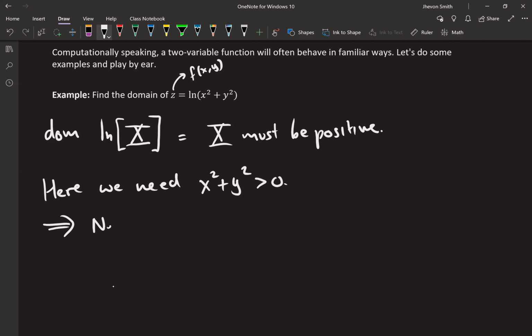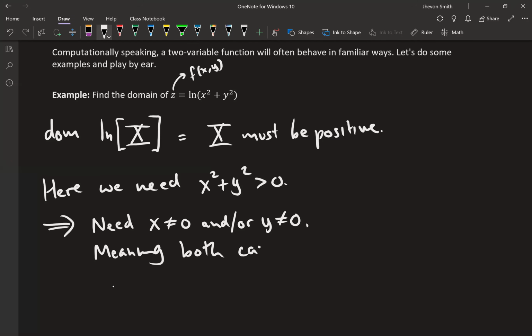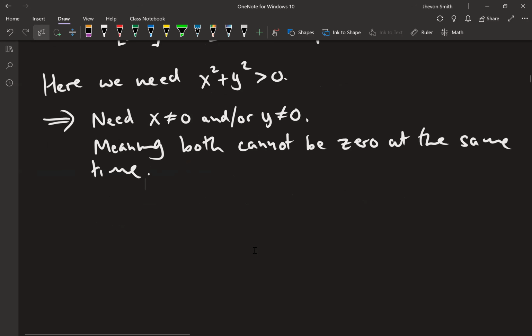All right, so this means you need x not equals 0 and/or y not equals 0. Meaning both cannot be 0 at the same time. Pretty much any point in the 2D plane is okay except the origin.